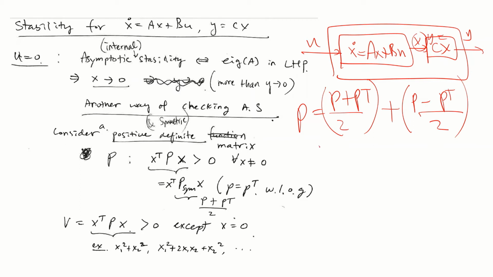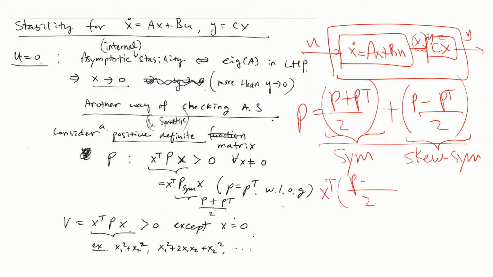If you just sum these two, you are going to get P. And the first is always symmetric, so this is called the symmetric part of P, and this is the skew symmetric part. The interesting thing is that x transpose times the skew symmetric part times x is always 0.